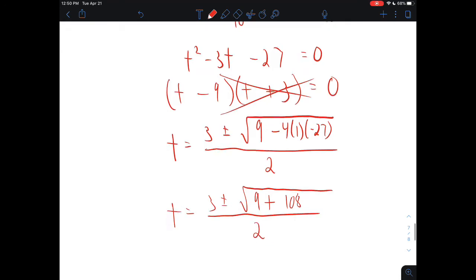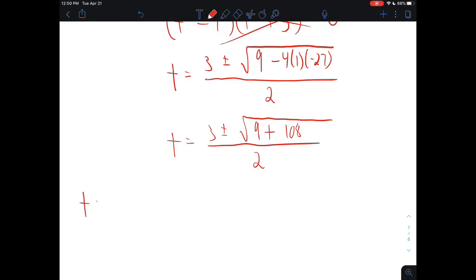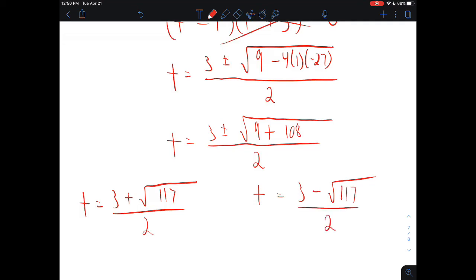And then if you're wondering about your two answers there, let's just keep this in mind. One of them has plus a square root, so the square root of 9 plus 108, which is 117, divided by 2, and the other one is t equal to 3 minus the square root of 117 divided by 2.